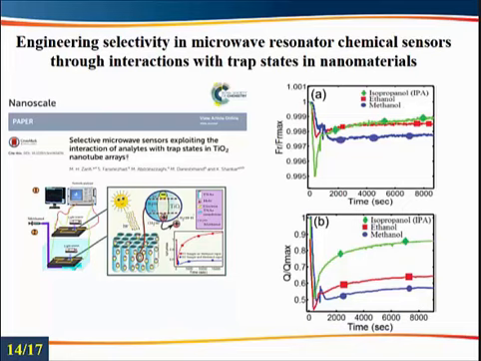When you have resonators and you shine light and allow it to decay, the holes are scavenged by these alcohols, each in a slightly different manner, and the resonator is able to pick up on that. This is a triumph, because the molecular structures of all these alcohols are so close that even ligand affinity binding based methods are not very effective at picking up the differences between them, because their physical and chemical properties are so close. But the microwave resonators, through the trap interactions, are able to pick up on that.